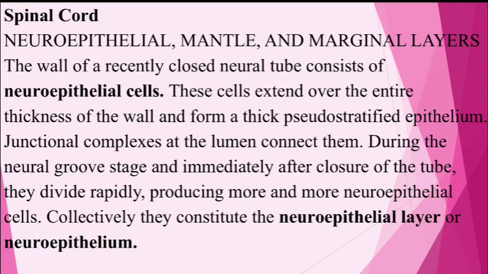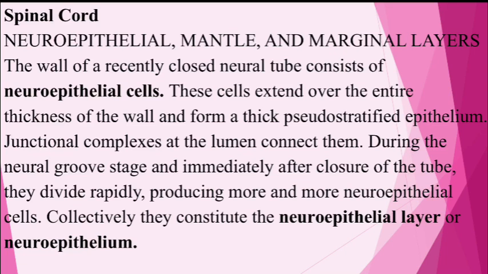Once the neural tube closes, the neuroepithelial cells begin to give rise to other cell types characterized by a large, round nucleus with pale nucleoplasm and a dark staining nucleolus. These are the primitive nerve cells or neuroblasts.